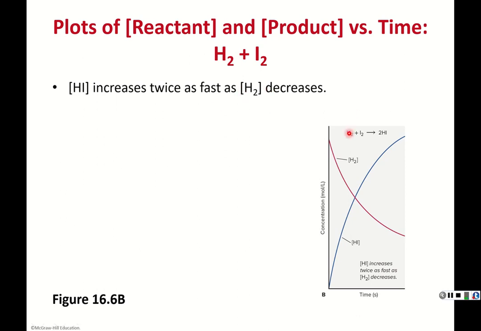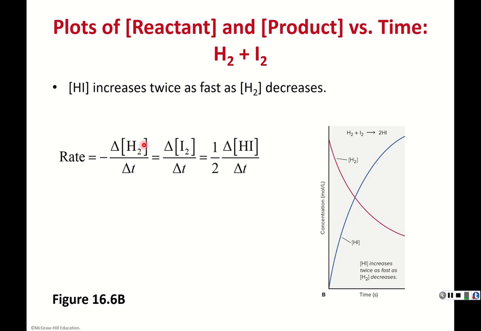And if we look here, now we have a little bit different stoichiometry, right? Because we have H2 falling off. It's a reactant. The stoichiometry is now 2HI, so HI is increasing twice as fast as H2 decreases.